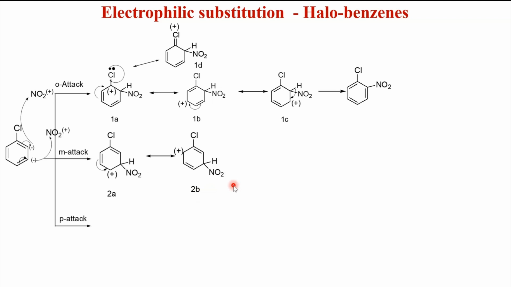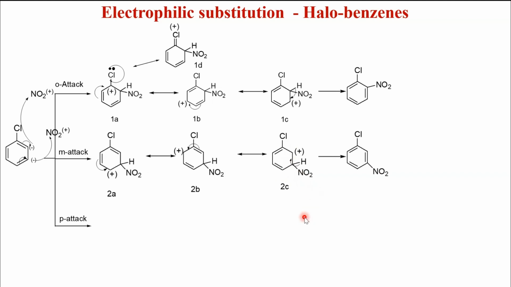To satisfy this new positive center, the pi electrons from the adjacent carbon move and it gets satisfied, creating a new positive center. This is something like I have a problem and my neighbor helps me. When my neighbor helps me, he will be under problem. The carbon-hydrogen bond breaks and those electrons are utilized to satisfy the positive center, H+ gets removed, and I get meta-nitrochlorobenzene.